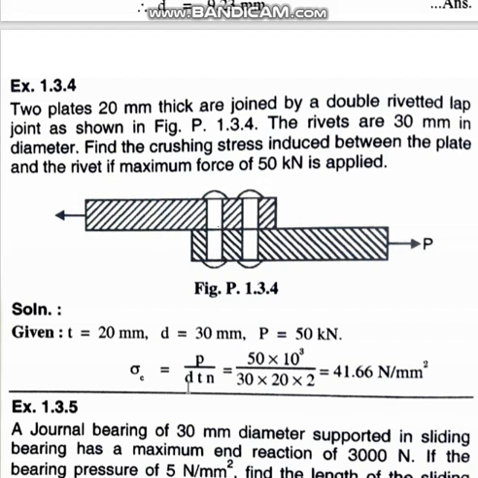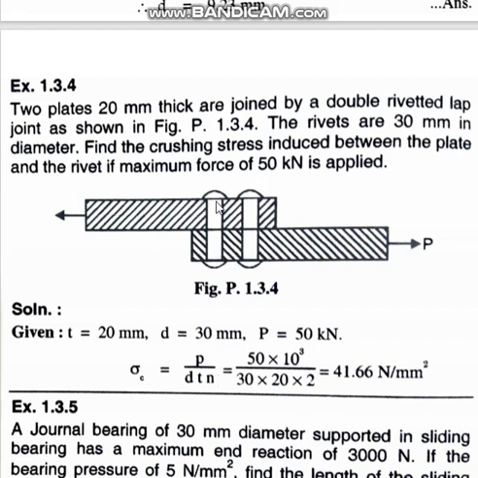So d into t, this will be the area of crushing or resisting area. And now there are two rivets here, so n.